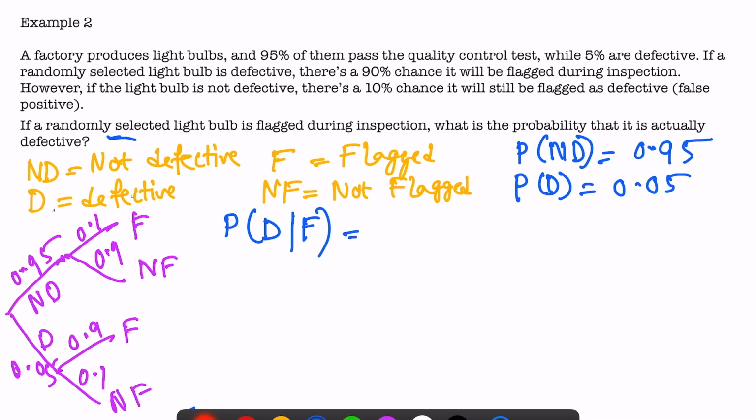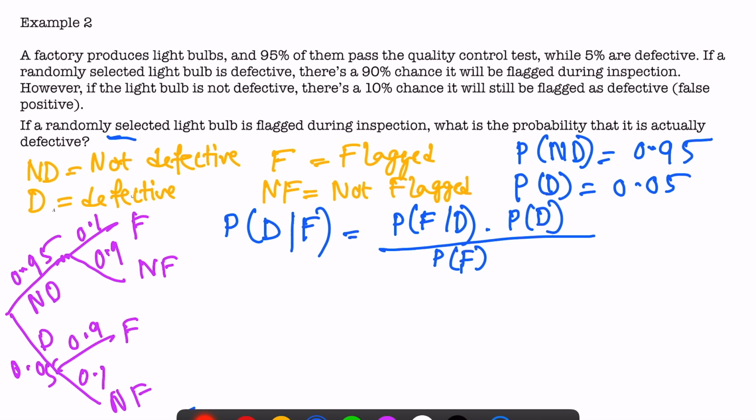So using Bayes theorem, we can write as probability of flagged given defective multiplied by probability of defective divided by probability of flagged.